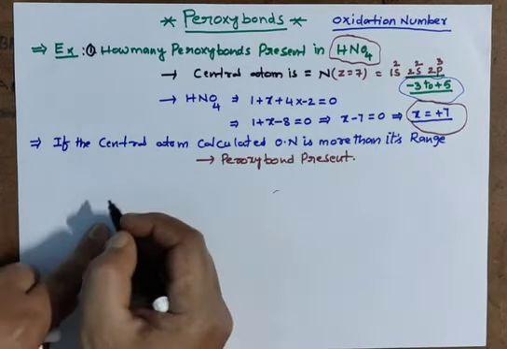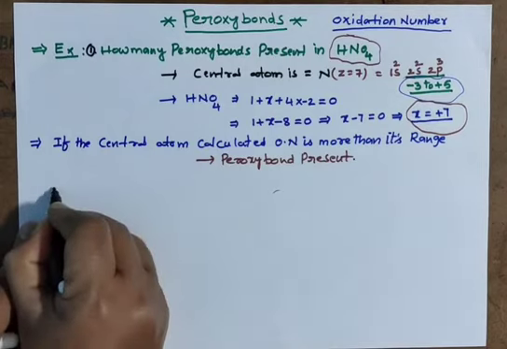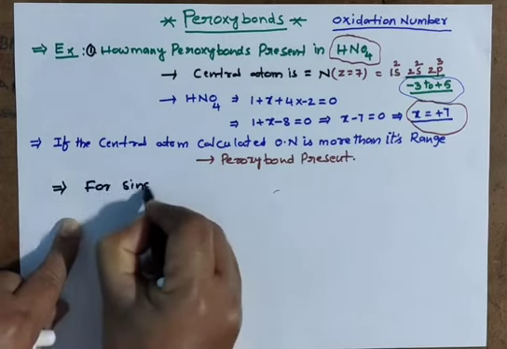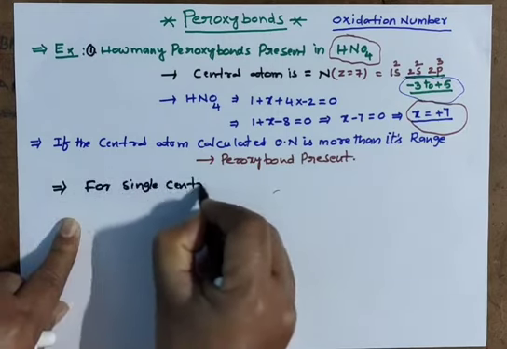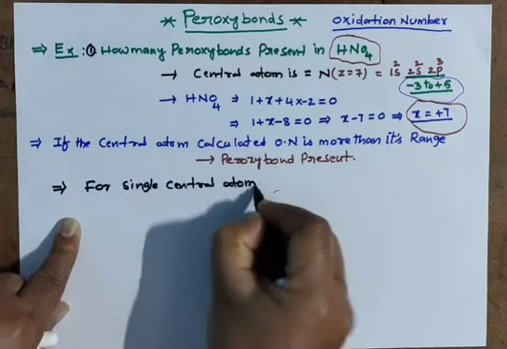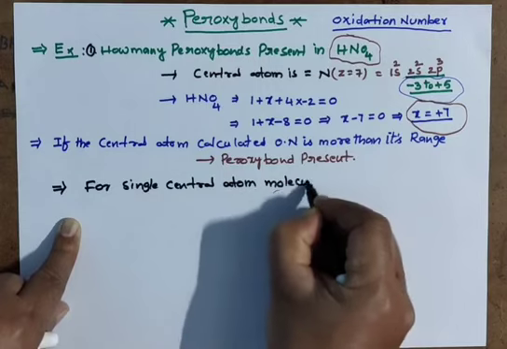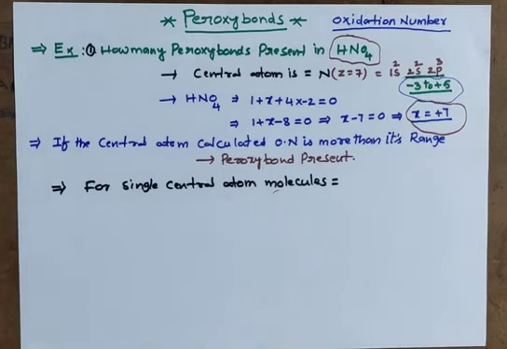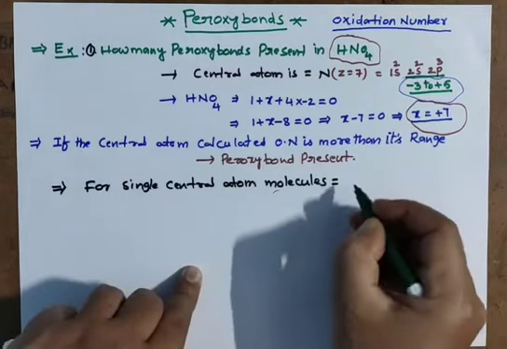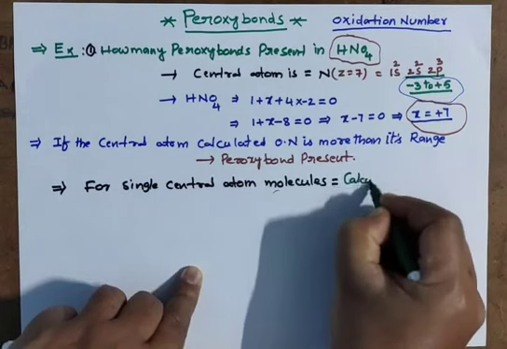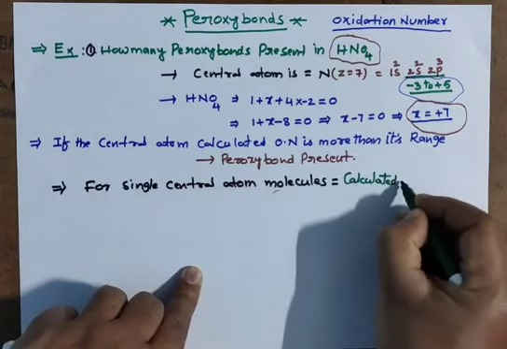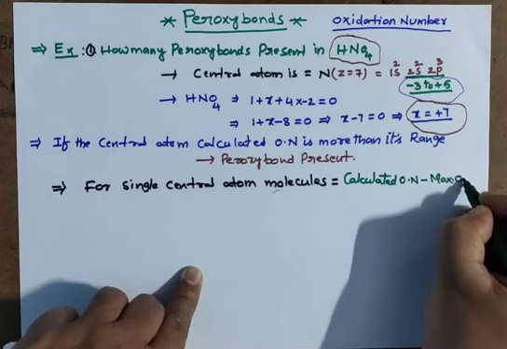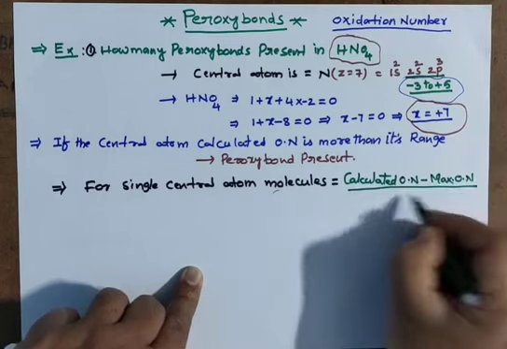Now, how many peroxy bonds are present? How to calculate? For single central atom molecules, the number of peroxy bonds equals the calculated oxidation number minus the maximum oxidation number, divided by 2.